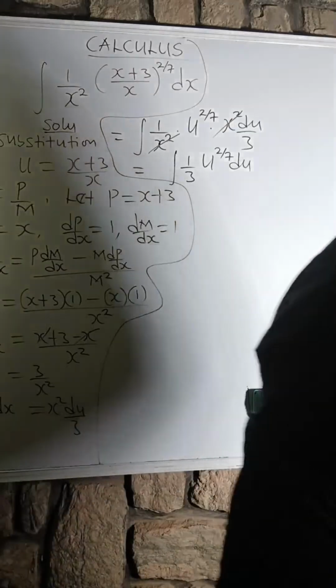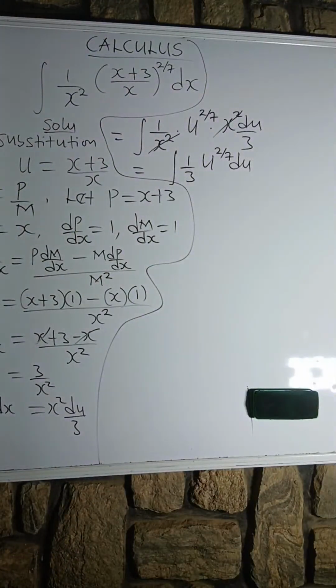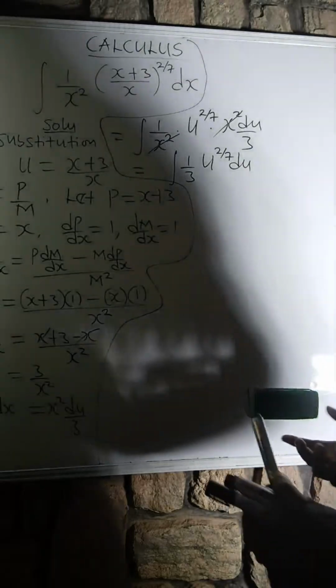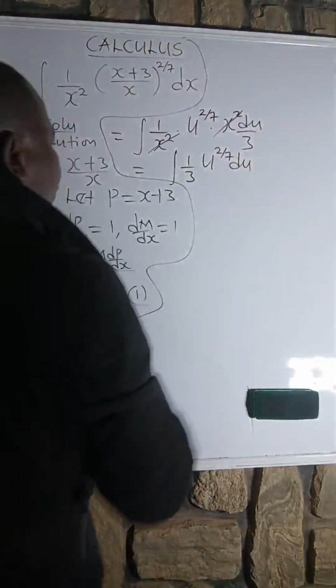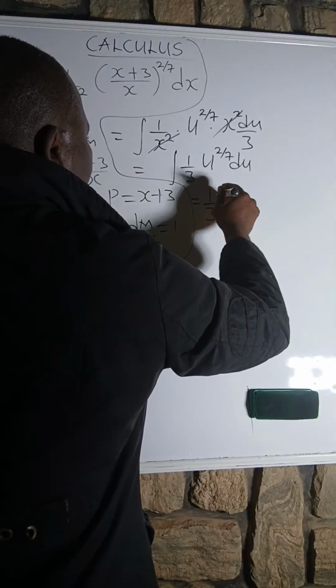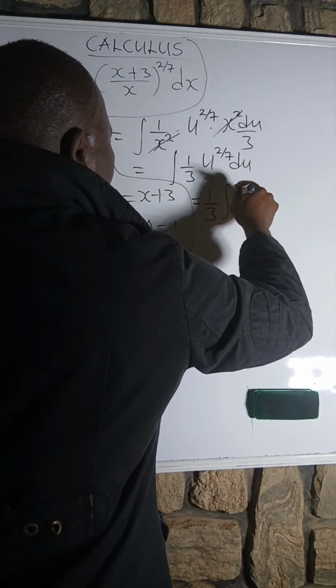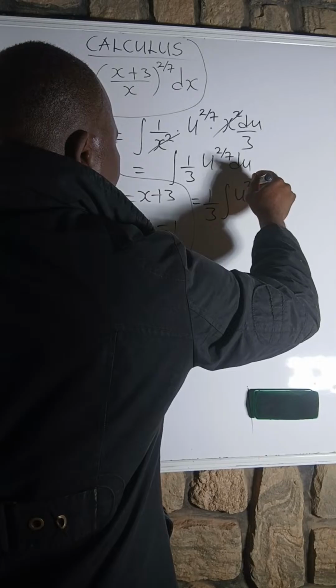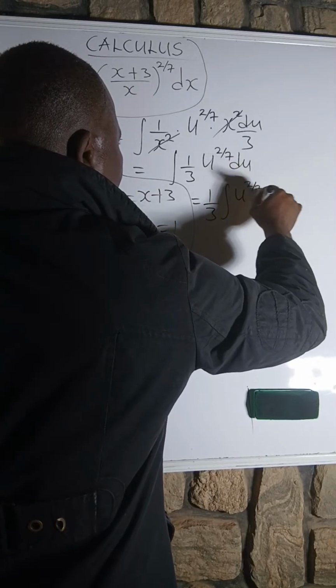Please ask your question, in case you have any question. Okay, so far so good. So at this point, we have to factor out 1 over 3, the integral of u raised to the power of 2 over 7 du.